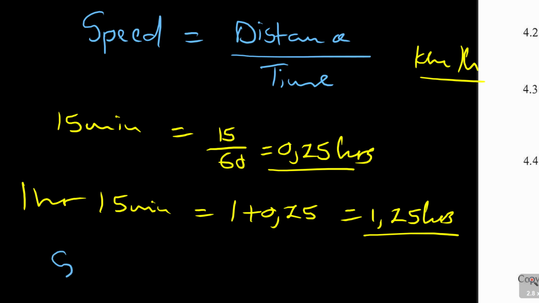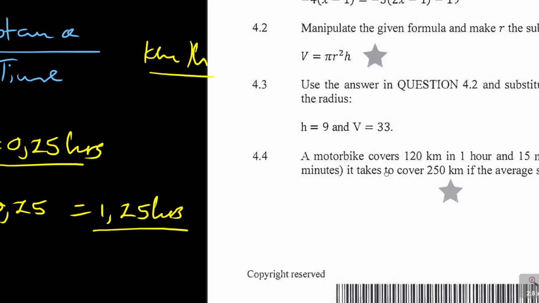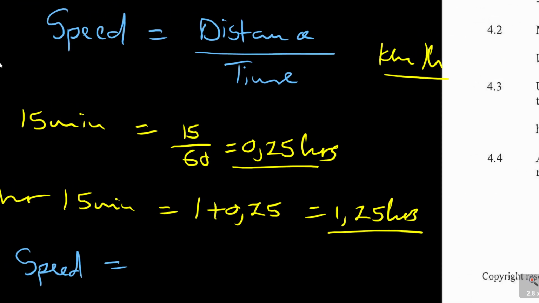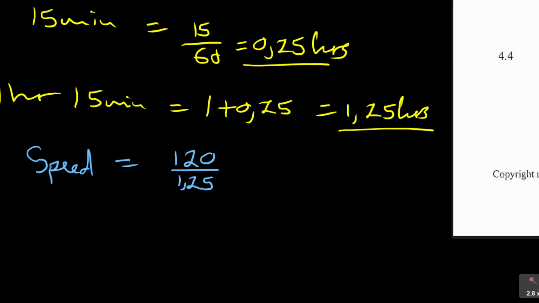It will be speed is equal to, they told me the distance. A motorbike covers 120 kilometers is my distance from the formula, which is 120 over time is 1.25. They need to give me the speed of this bike, which will be speed.